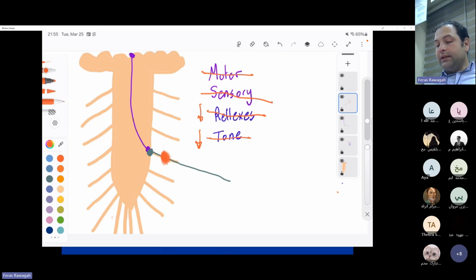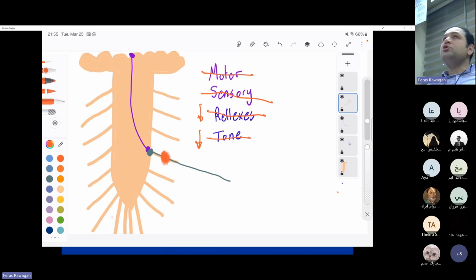Now, why does this happen? This happens because the reflexes and the tone are functions of the spinal cord. And when the nerve root is injured, this is distal to the spinal cord, so the peripheral effector will be disconnected from the spinal cord and will not benefit from its functions.